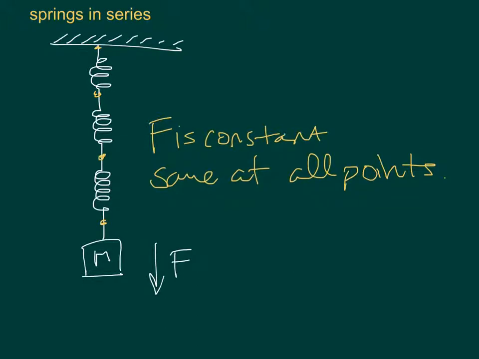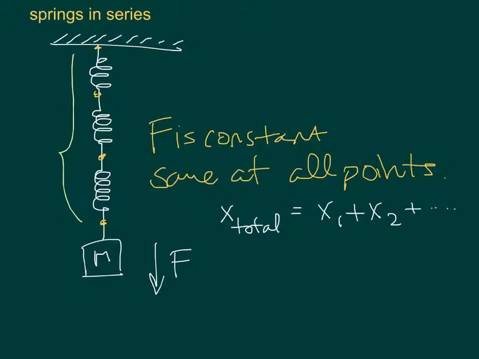So what does this do for us? Well, we want to figure out the whole k for the whole system, and that is called the effective force constant. But I'm getting ahead of myself, so let's figure out how we do that first. The first thing we do is find the total extension, and that's given by x total equals x1 plus x2 plus however many x's you've got.